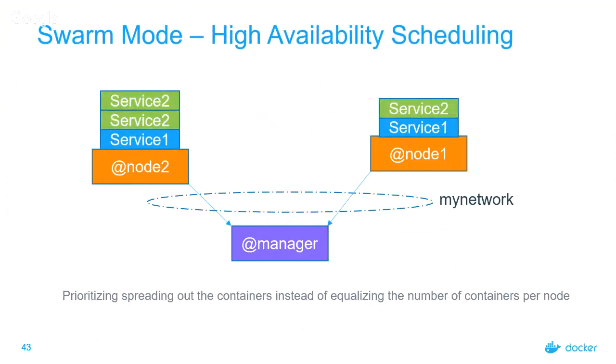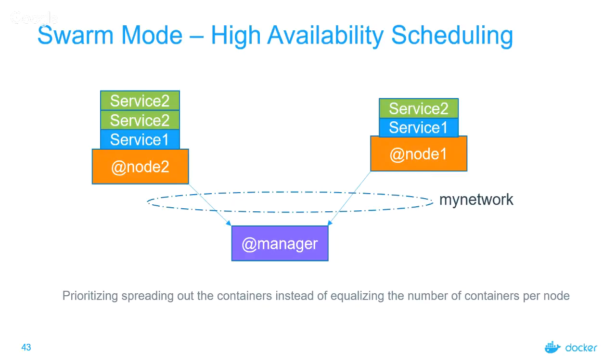Availability scheduling. This is another most important feature which has been introduced in Docker Swarm mode. As seen in the example, say you have node 1 and node 2 specified in a cluster. Node 2 has service 1 and 2 instances of service 2 running, and node 1 has 1 copy of service 1 and service 2.